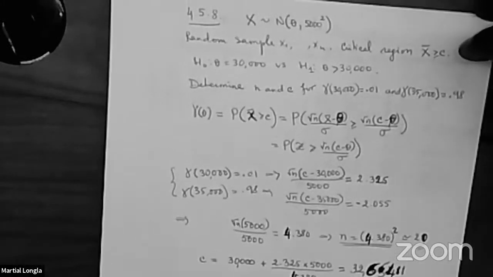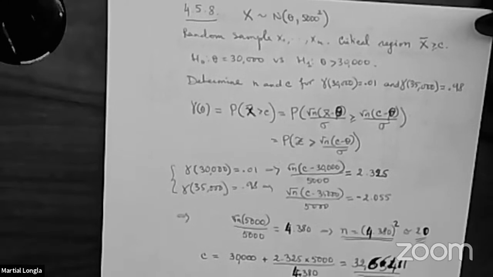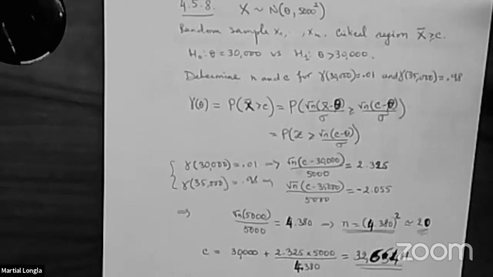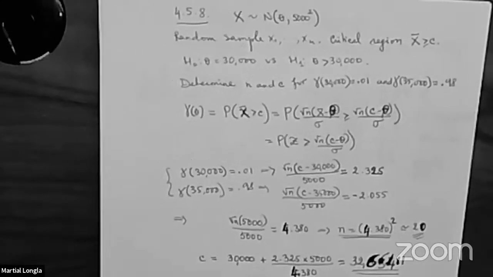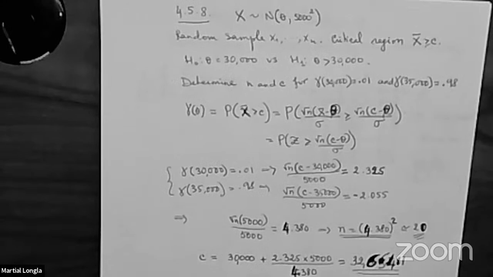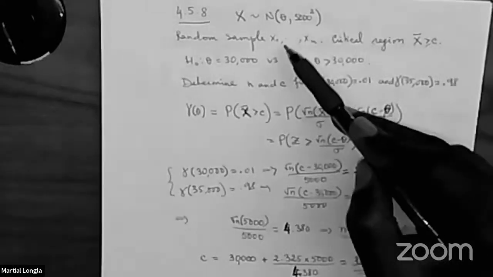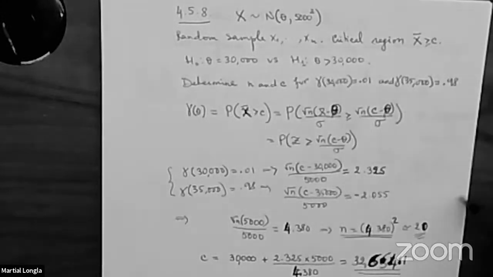The last problem is with the normal distribution, our old friend, the normal distribution. So we have X that follows the normal with mean theta and variance 5,000 squared. Huge. A random sample of size n, x1 through xn, is selected.